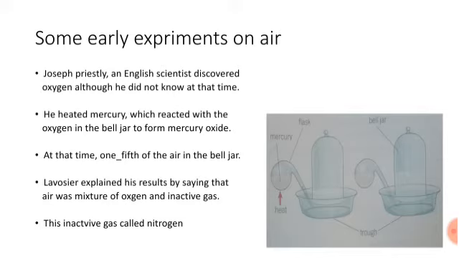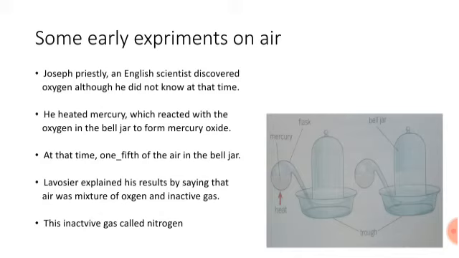For this, Lavoisier used the apparatus shown in the diagram. He heated mercury, which reacted with the oxygen in the bell jar. You can easily see in the picture a bell jar in which mercury is present.